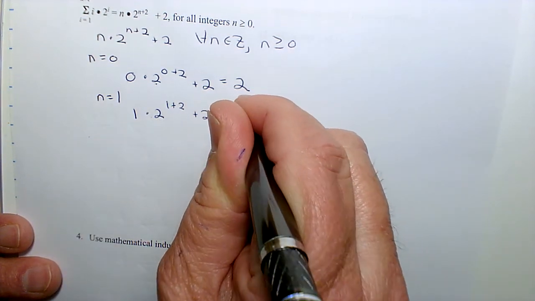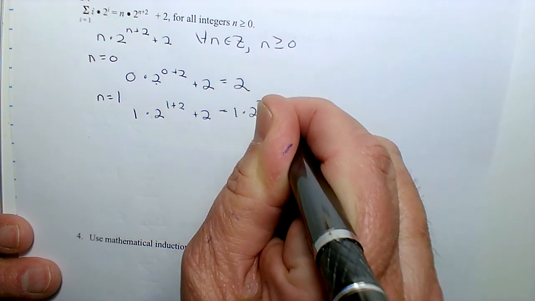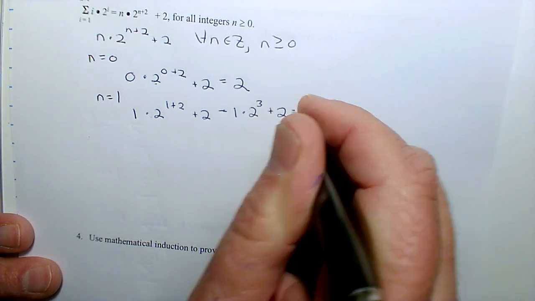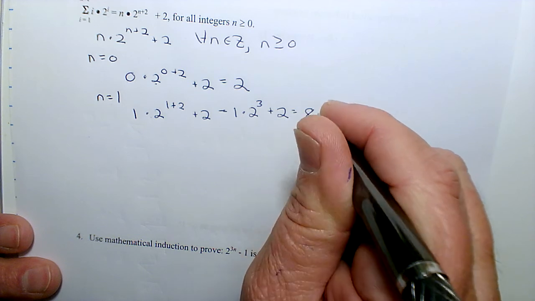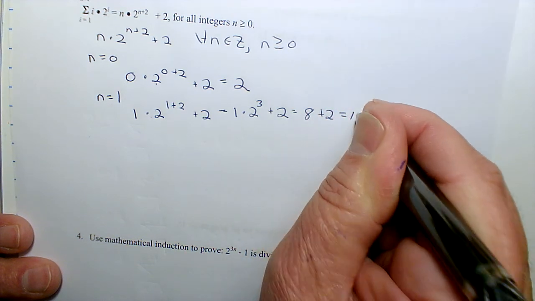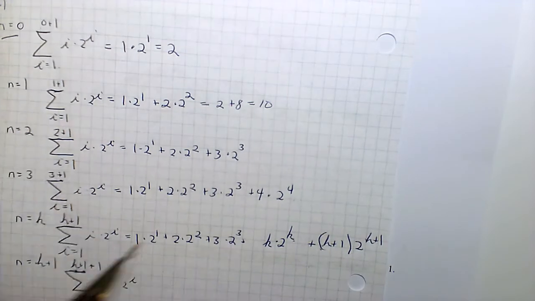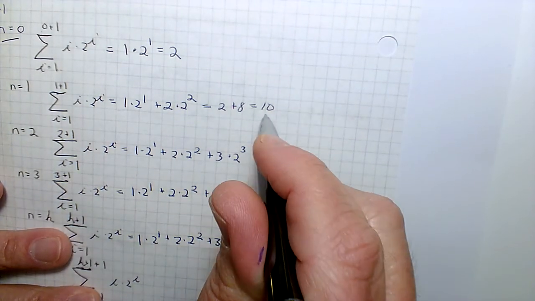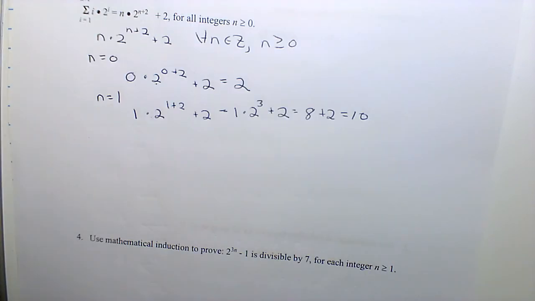So this is saying 1 times 2 to the third plus 2. 2 to the third is 8. 1 times 8 is going to be 8. Add 2. We get 10. Notice that matches what we got for n equals 1 on the left-hand side.